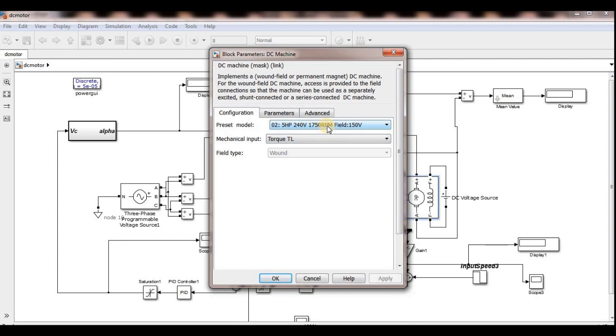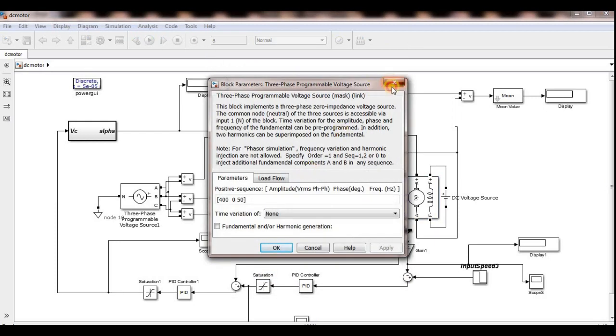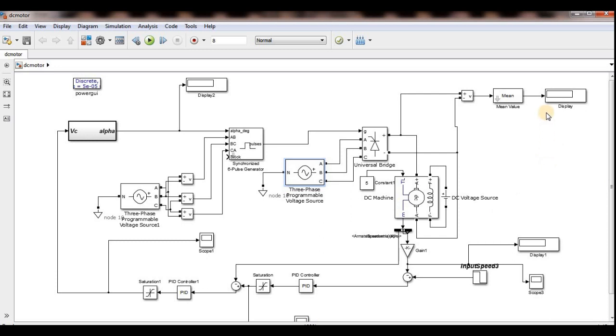So 1750 is my maximum RPM and 240 volts is my maximum voltage. But in Simulink we can apply more than that. It is not a problem, because sometimes we can get 500 volts also here. And I am not comparing the voltage with my desired voltage. I am comparing my speed with my desired speed. See, this is the measurement.